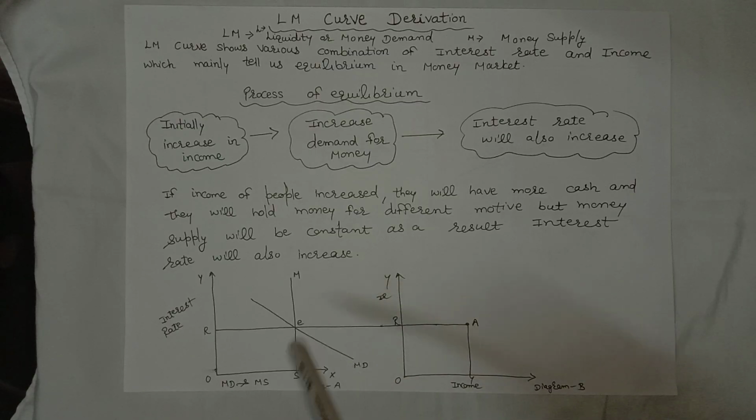In diagram A, MS is the money supply curve, and here we assume money supply is constant. MD is the money demand curve and E is the equilibrium point, which shows that money demand is equal to money supply.